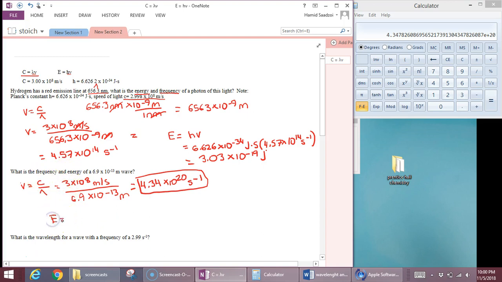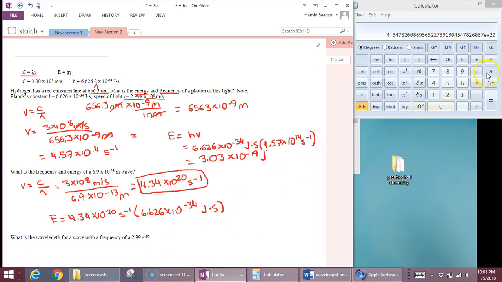So E is equal to that big number you just came up with, times 10 to the negative 1, times 6.626 again, times 10 to negative 34 joule seconds.